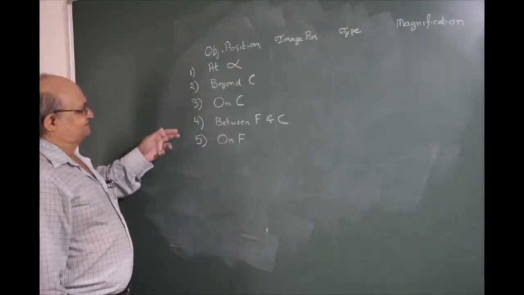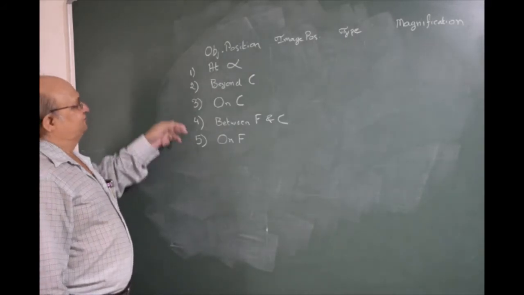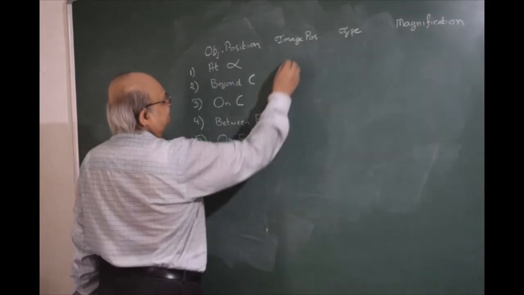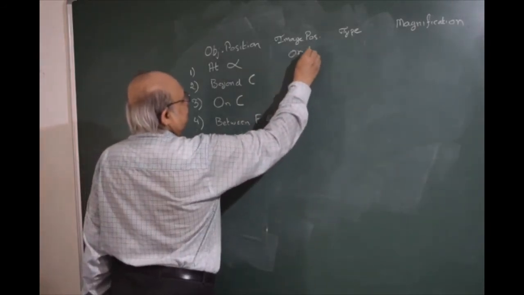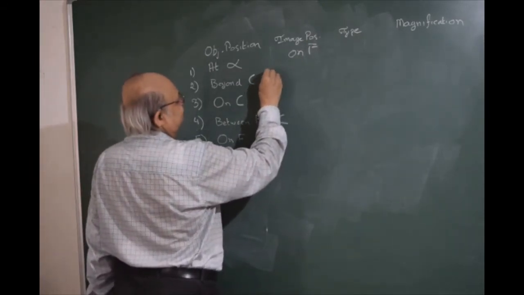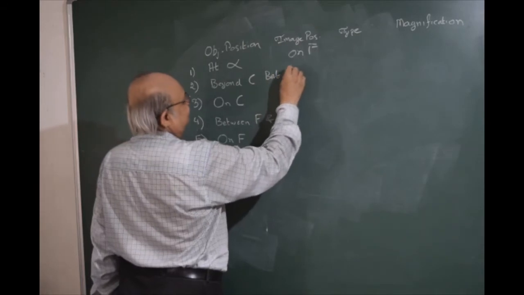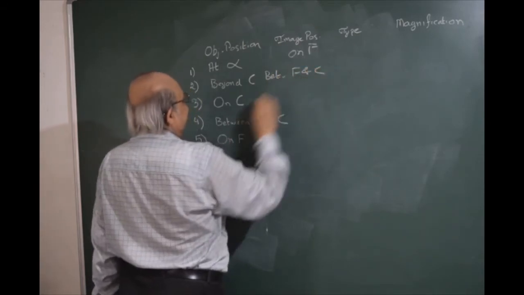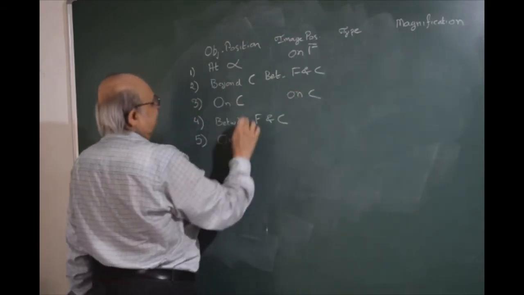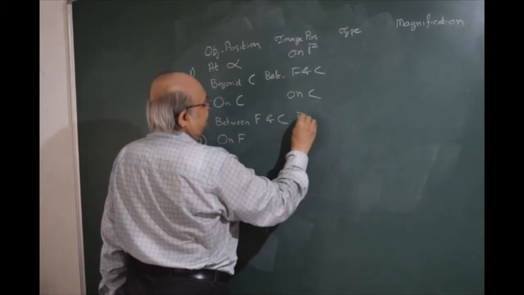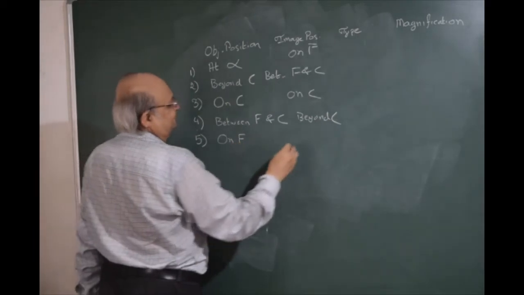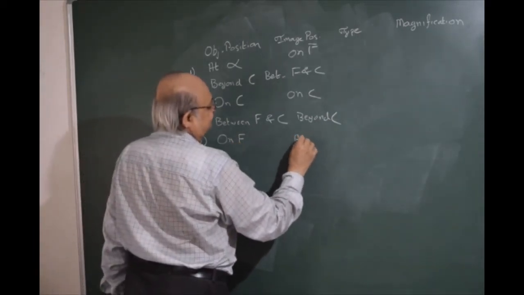Now, if you remember this in order, you reverse the order for getting image positions. The last one first on F, the fourth one on the second position between F and C, third on C, second beyond C, and the first one as the last at infinity.